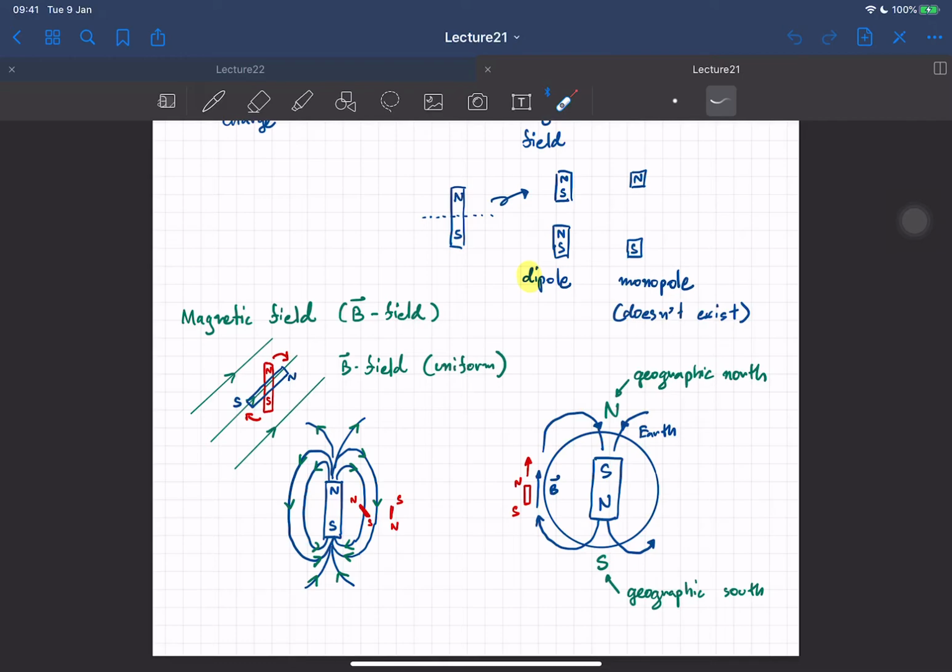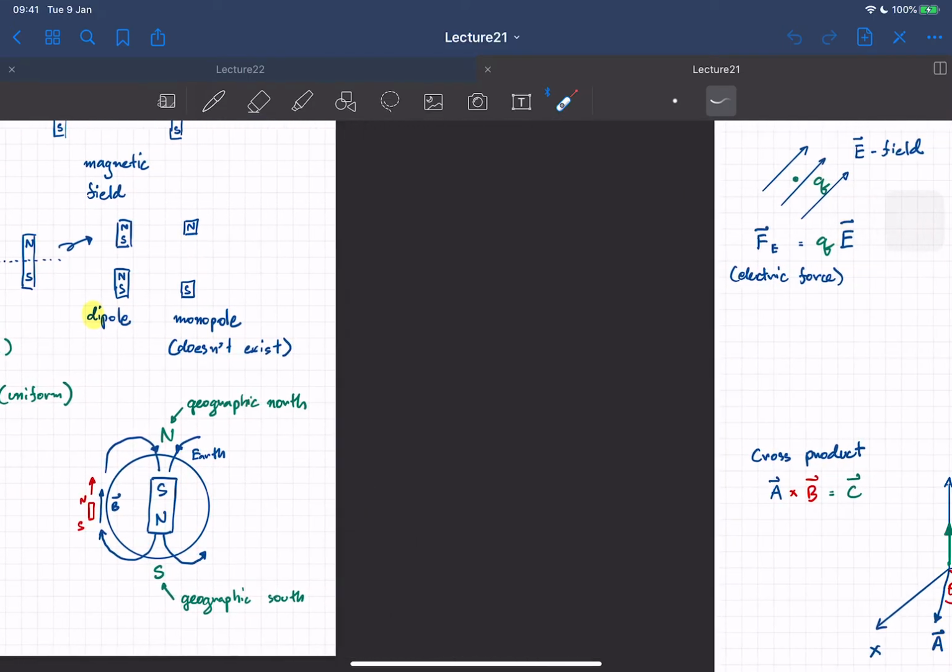So the whole point is that the geographic north and the north pole of the Earth's magnet are opposite, and that's just the way we name it. Okay, but you have to understand now that the magnet of the Earth produces the magnetic field around the Earth, and the compass, which is a small piece of magnet, then reacts to that magnetic field. Okay, so that's the magnetic field.